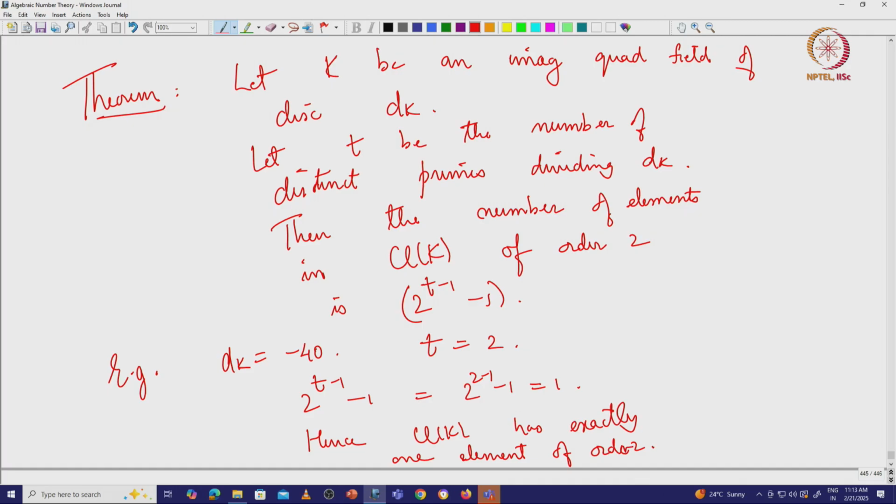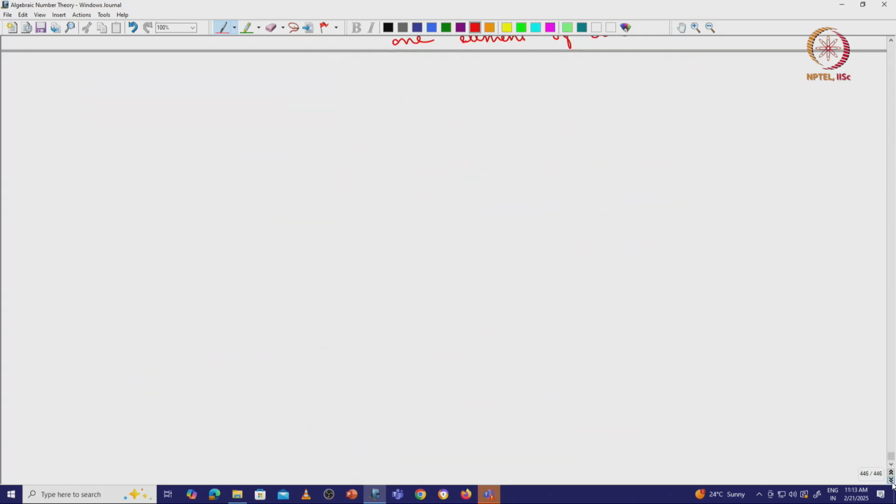Okay, so let's look at one more example before we go to the proof of this theorem. You take K to be Q of square root of minus 35, and so in this case dK is minus 35, because minus 35 is 1 mod 4.